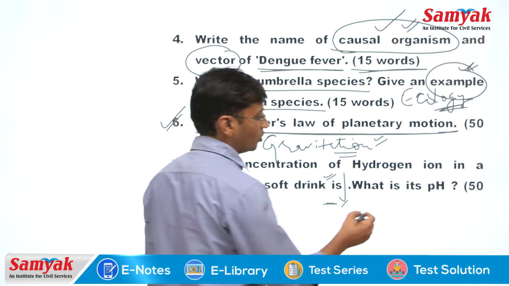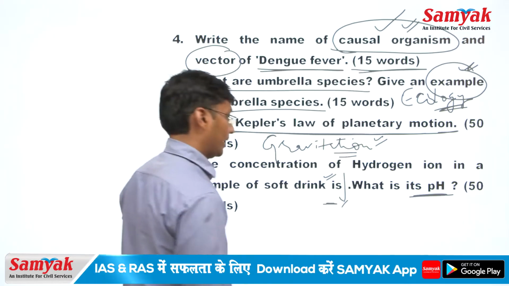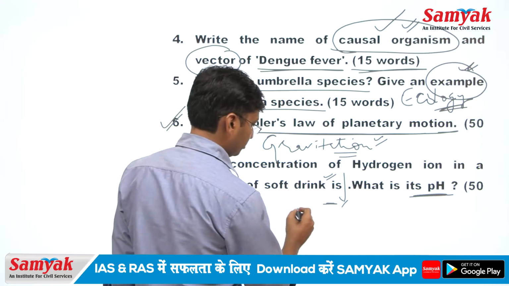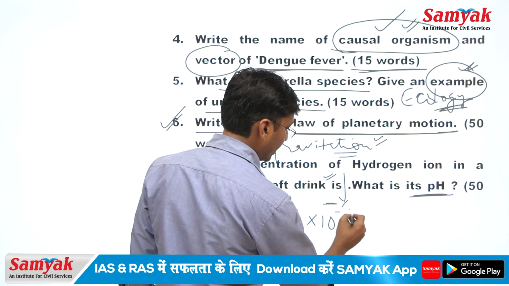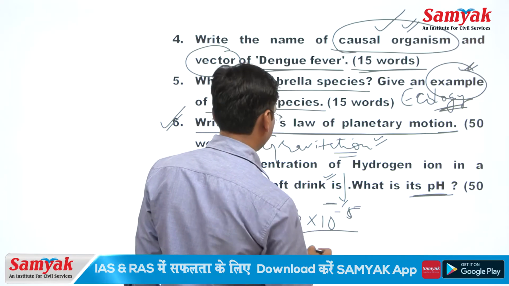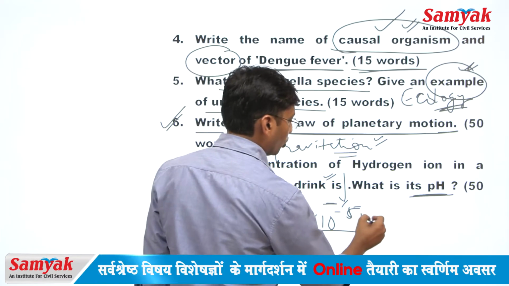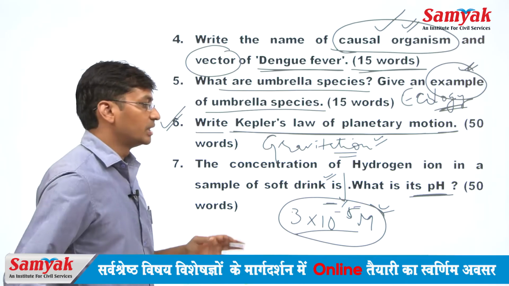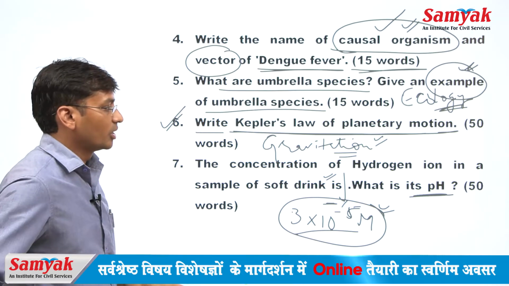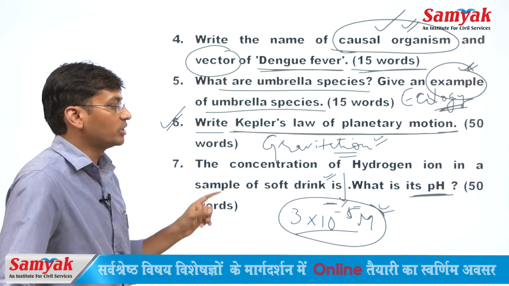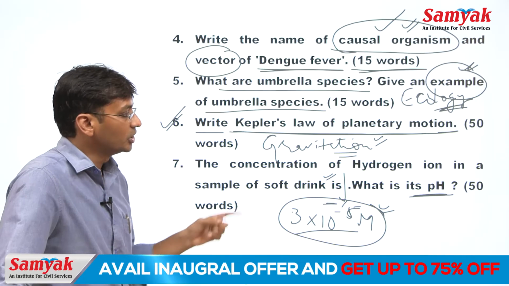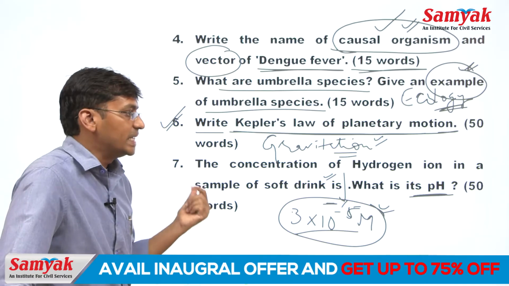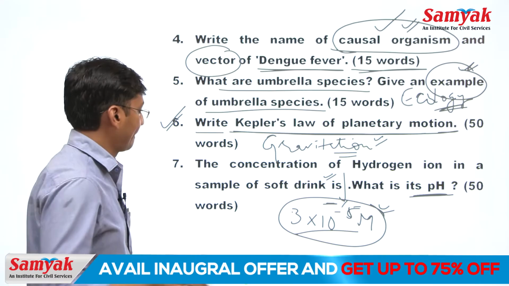You have to calculate the pH of that soft drink, whose concentration was like 3 into 10 to the power minus 5 mole. Such a concentration may have been given, then you have to find its pH. There is a formula and a mathematical calculation to find the pH. If you know that calculation, you can easily do this question.